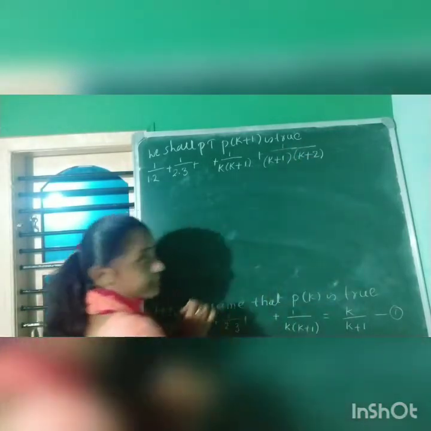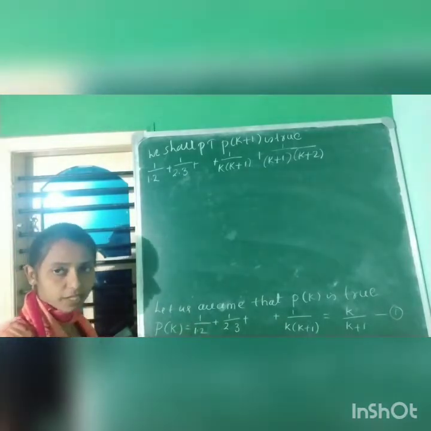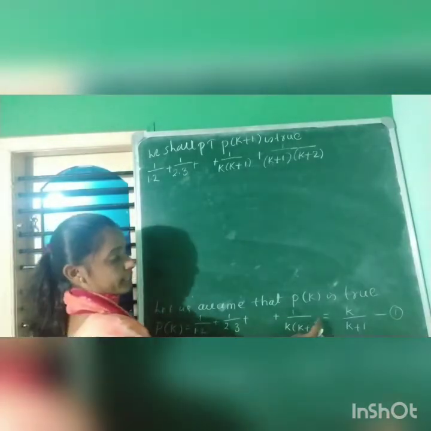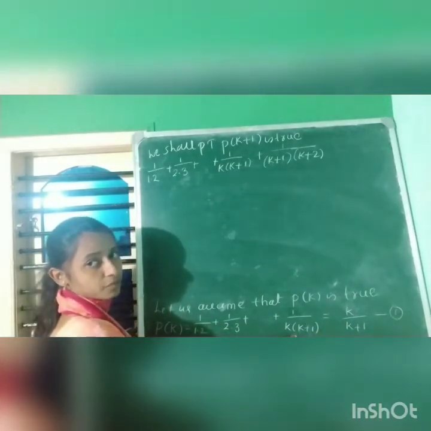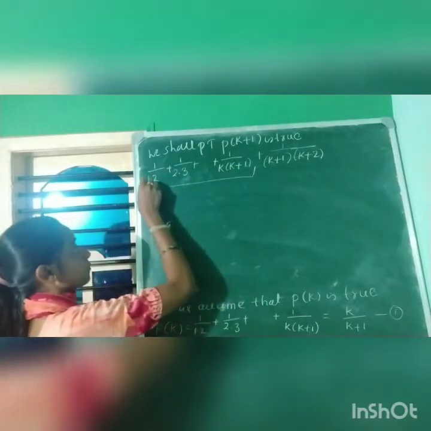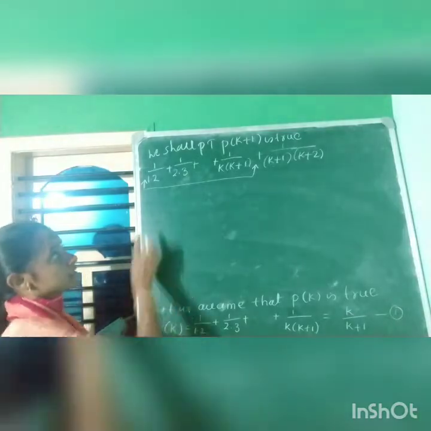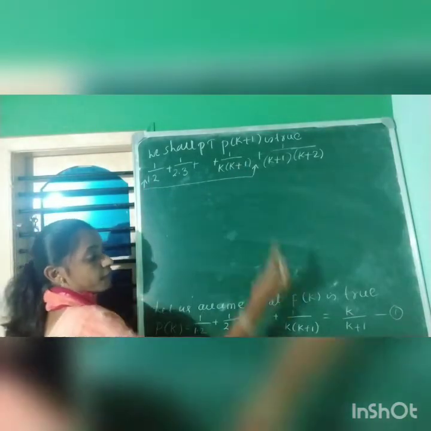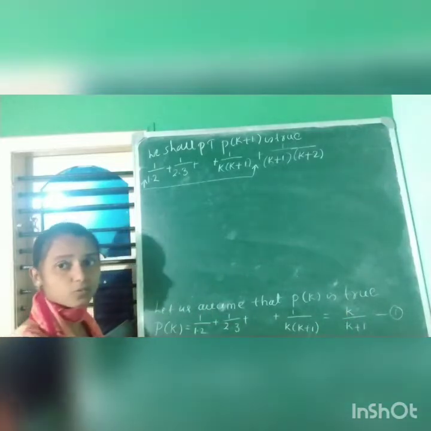Hope you guys got this. You just write the given statement in terms of k. So here after this you need to write the next term of this. Okay. Now I just write this one with the help of equation 1. From here, we can write this is equal to k divided by k plus 1.